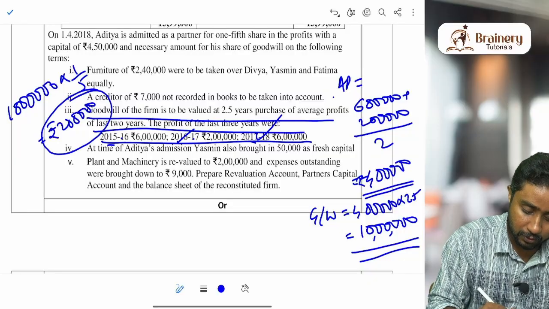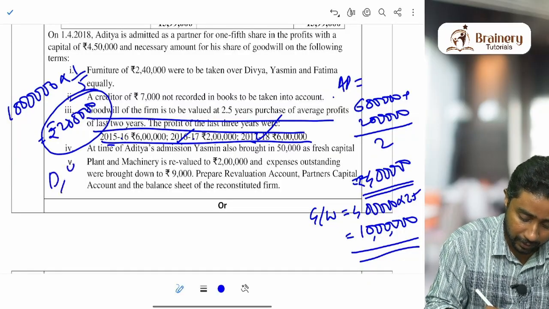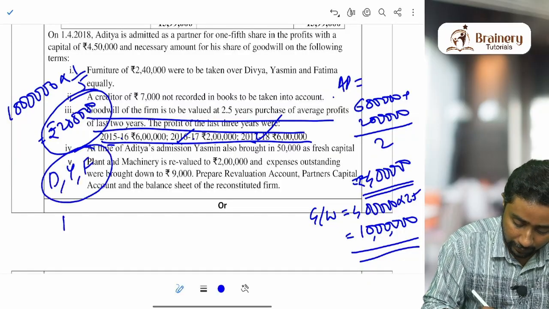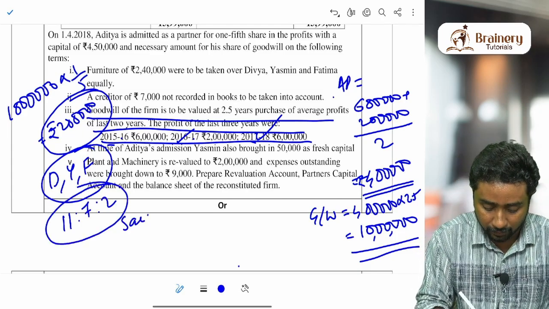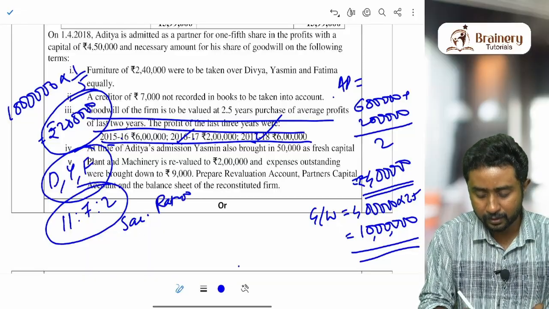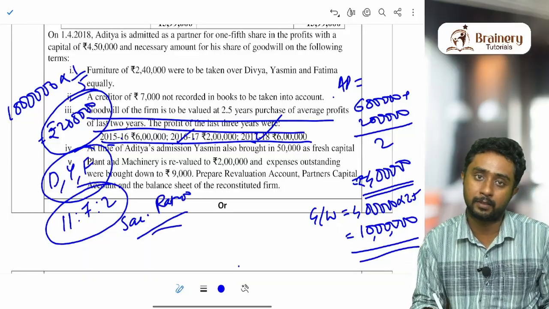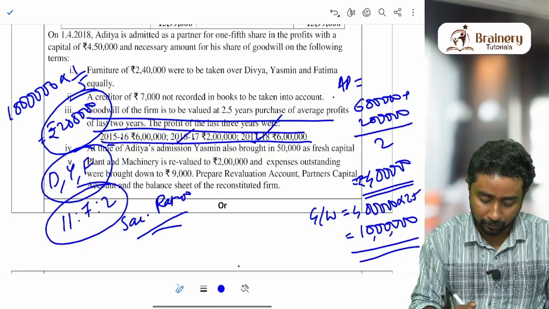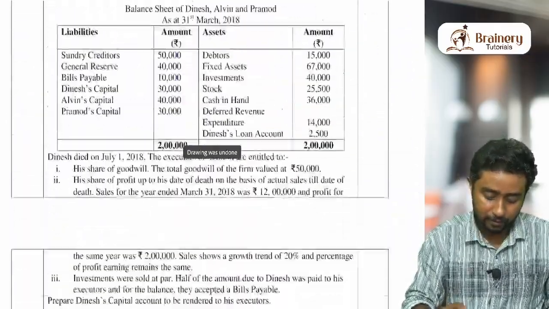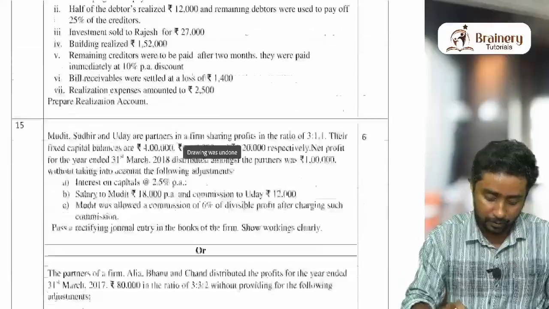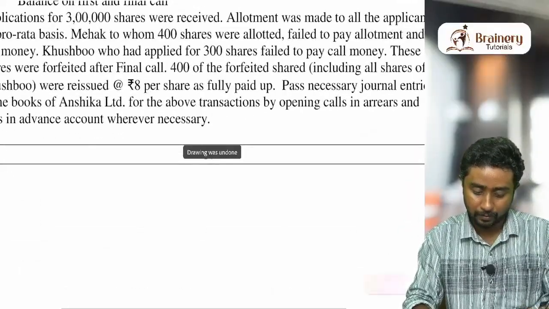This 2 lakh belongs to whom? All the other partners, Divya, Yasmin and Fatima. In which ratio will they share? 11:7:2. Why 11:7:2? This is the sacrificing ratio in this question, because no additional information related to the new partner's share is given. We are going to divide it in the 11:7:2 ratio.